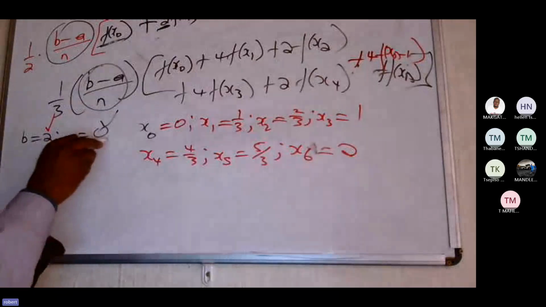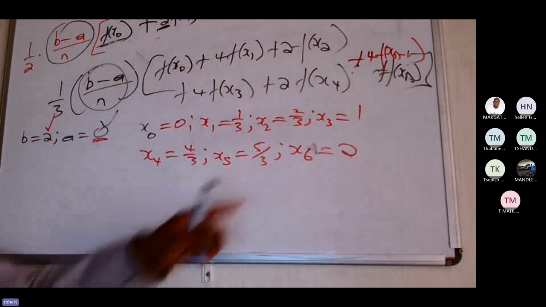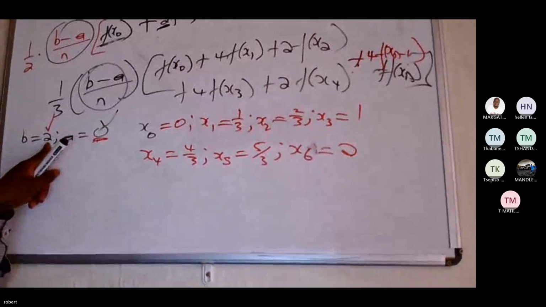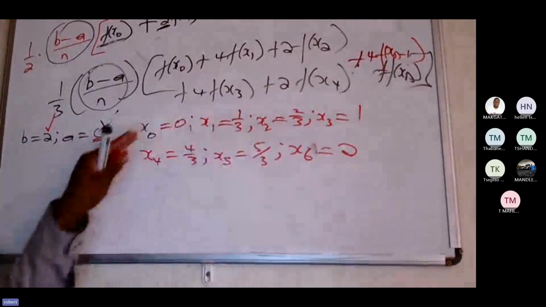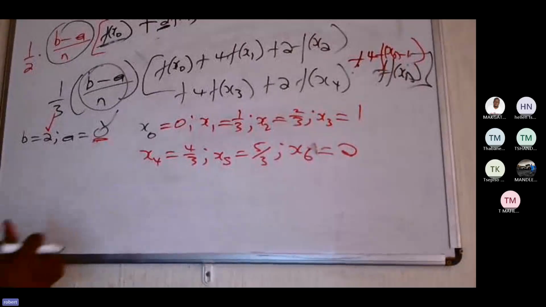X0 must be the lower limit. And the last one must be the upper limit. If not, then you know something's wrong somewhere. That is a nice thing about mathematics. Then you go and correct it. Then from here you must calculate what?